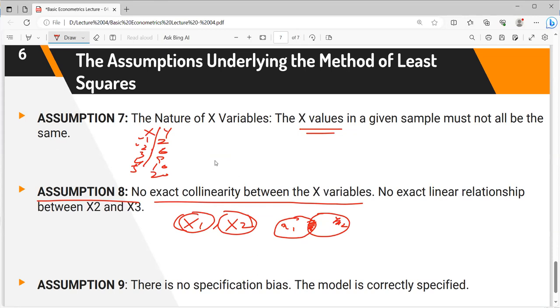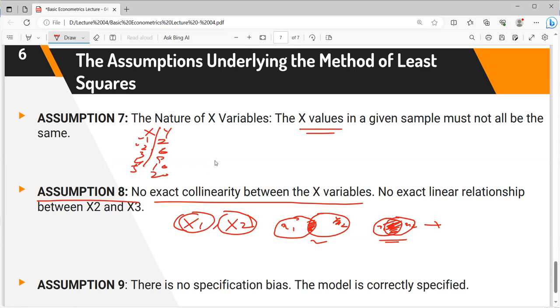The association between these two variables is shown by a Venn diagram. If you look at the second diagram, this is x1, this is x2, the association between the two independent variables. As compared to this, this diagram shows that x1 and x2 are associated in a strong way, so they have more association.